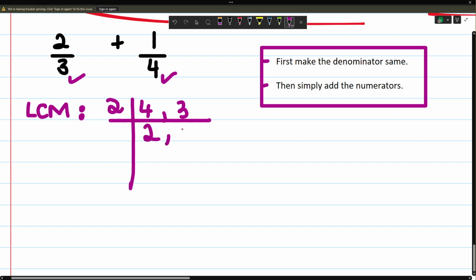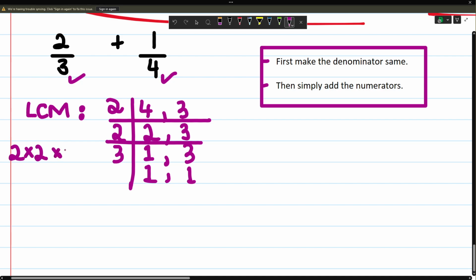So 2 2s are 4, 3 is going to stay the same, 2 1s are 2, the 3 is going to stay the same. As you can see, we got a 1 on one side. Yes, now we are going to use 3. So 3 1s are 3. So our LCM is 2 multiplied by 2 multiplied by 3. That makes it 12, right?